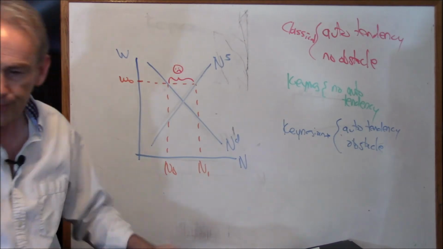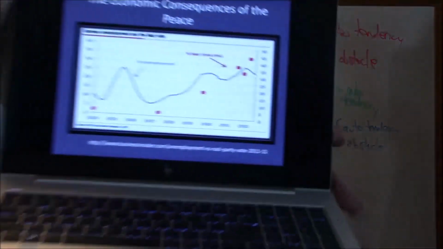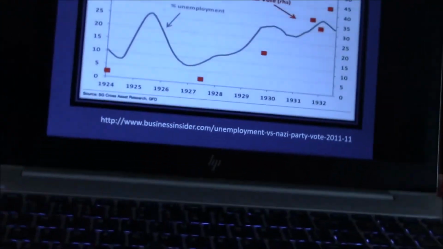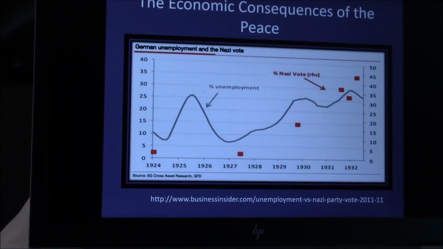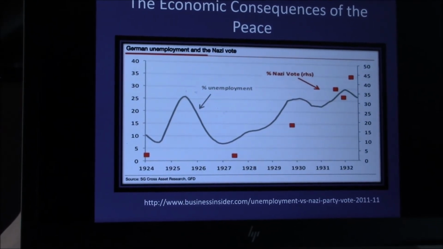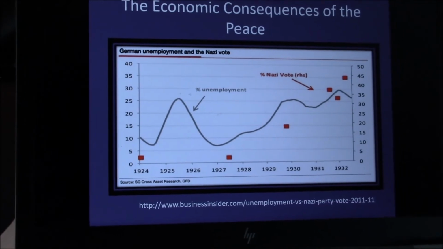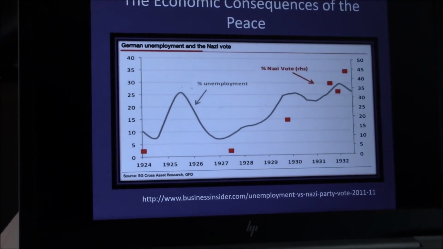That's kind of interesting. There's a plot of the percentage of votes for the Nazis in the Reichstag and unemployment in Germany. Not right on top of each other, but you can see as things got worse and worse there after 1927 or so, the increased votes for the Nazis.